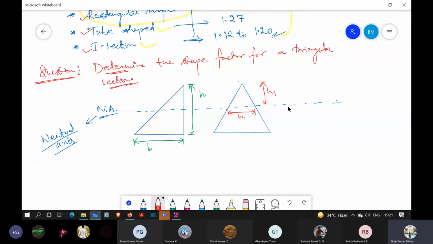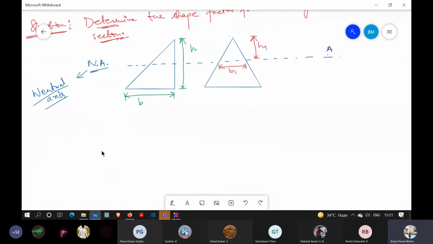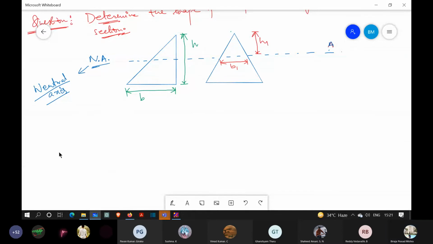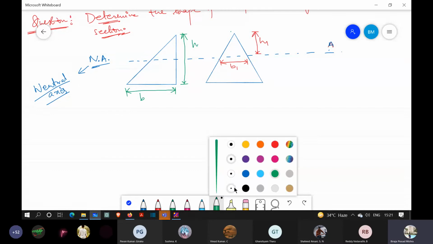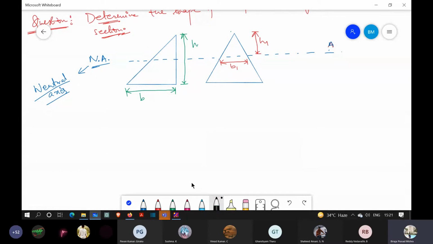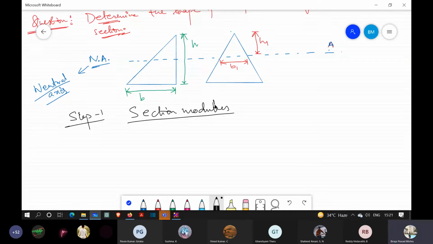Now we have to determine the shape factor for the triangular section. So before we determine the shape factor, all of you please take down this diagram. The first step we need to calculate is step 1, the section modulus. Now what is section modulus?